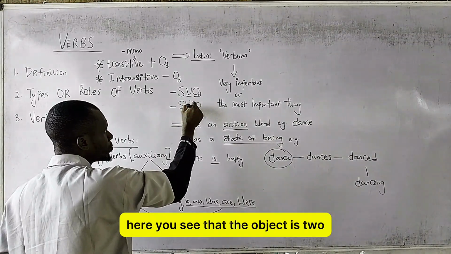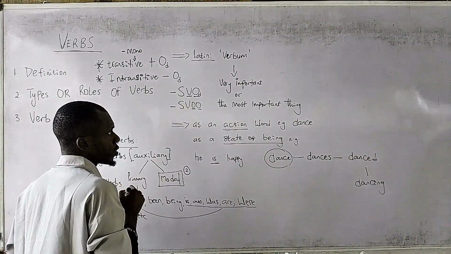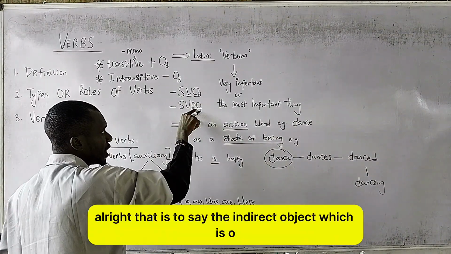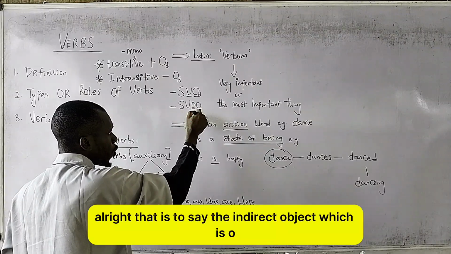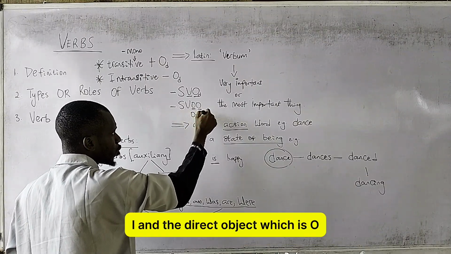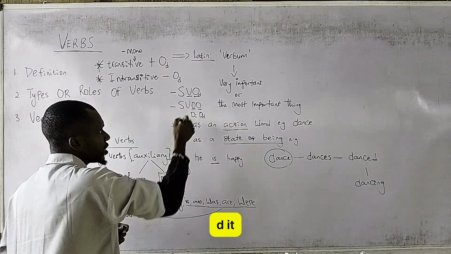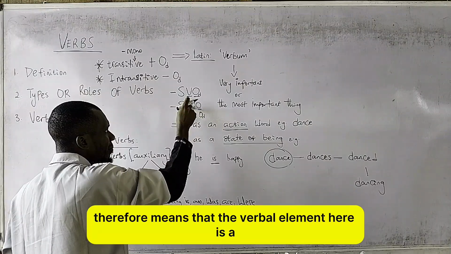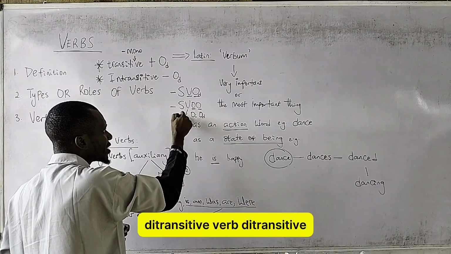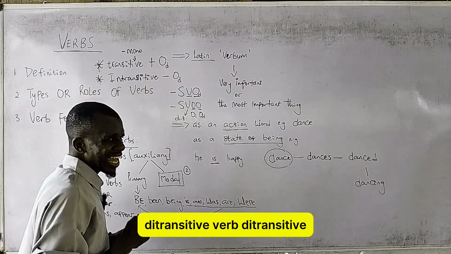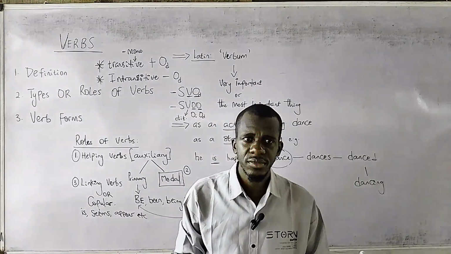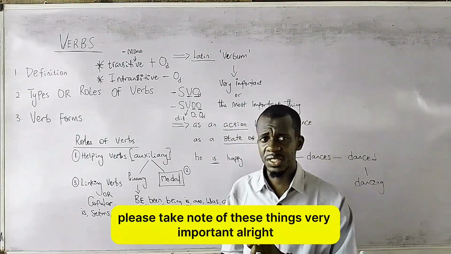Here you see that the object is two, that is to say the indirect object, which is OI, and the direct object, which is OD. It therefore means that the verbal element here is a ditransitive verb. Ditransitive. Please take note of these things.